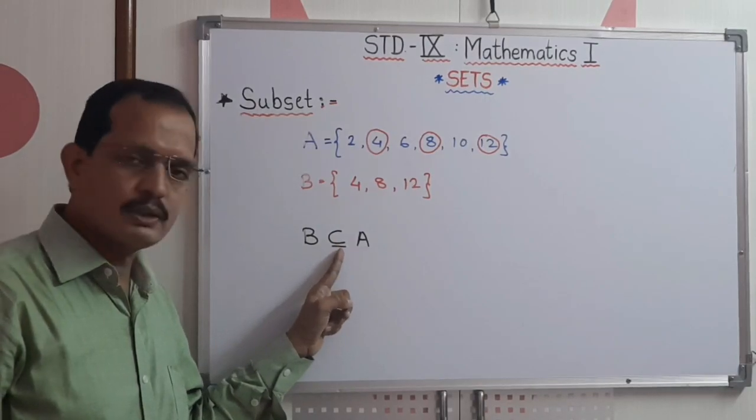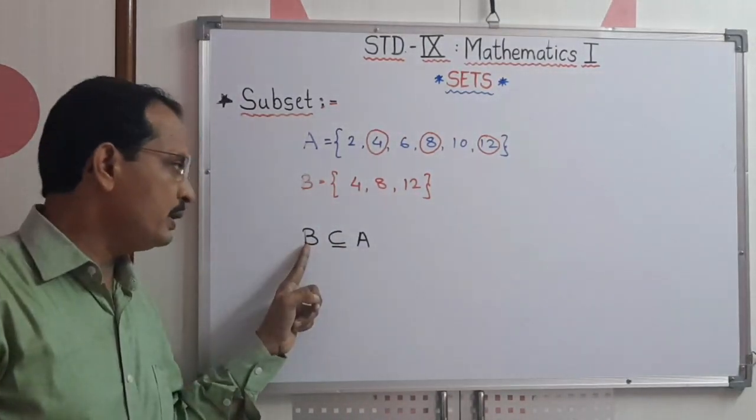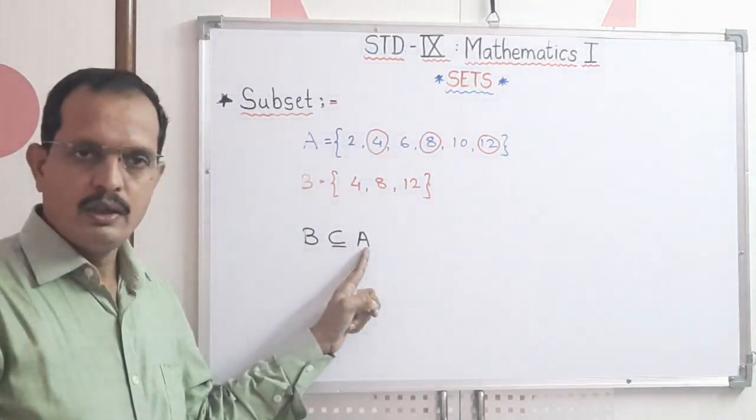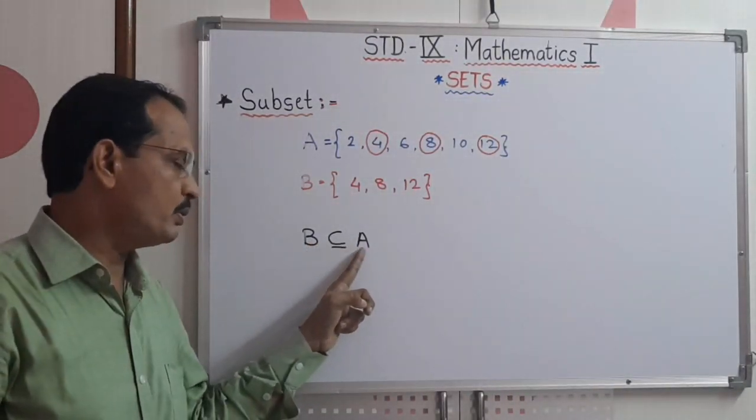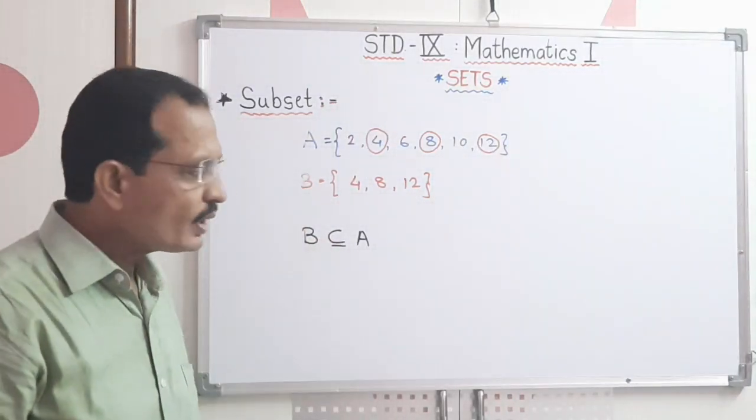This symbol is for subset, and B is a subset of A. In this way we can read it. Again, B is a subset of set A.